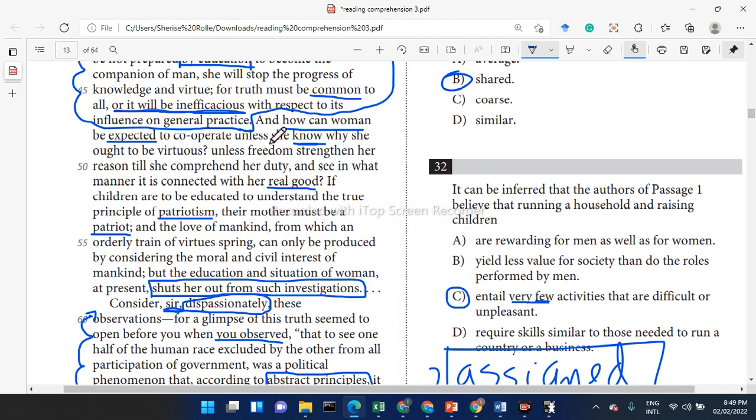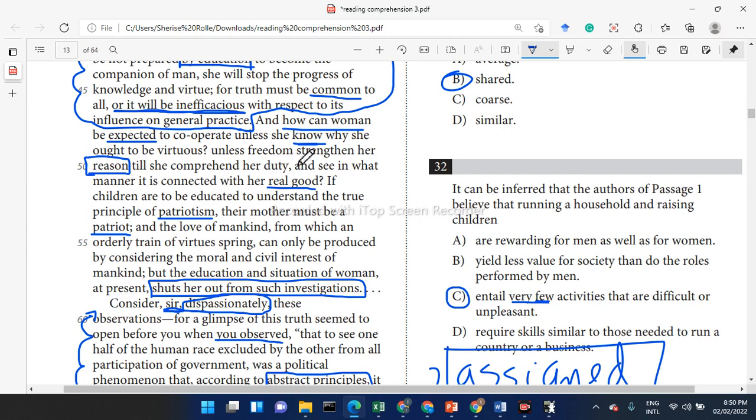"And how can a woman be expected to cooperate unless she know why she ought to be virtuous, unless freedom strengthen her intellect till she comprehend her duty?" All right, so reason here means intellect.